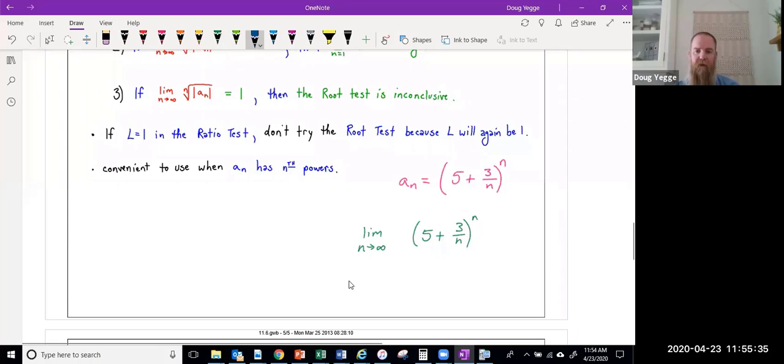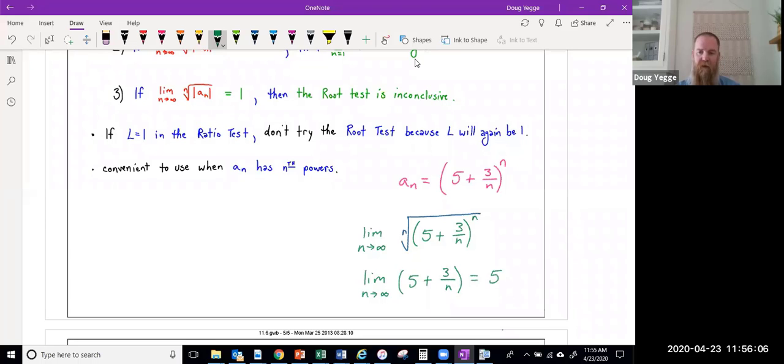And because we see that power of n, we're able to take the nth root of this and cancel out the nth power, which really means that all we're left with is the limit as n approaches infinity of 5 plus 3 over n. And so the limit of this sequence is equal to 5. 5 is greater than 1, so that must mean that the series diverges.